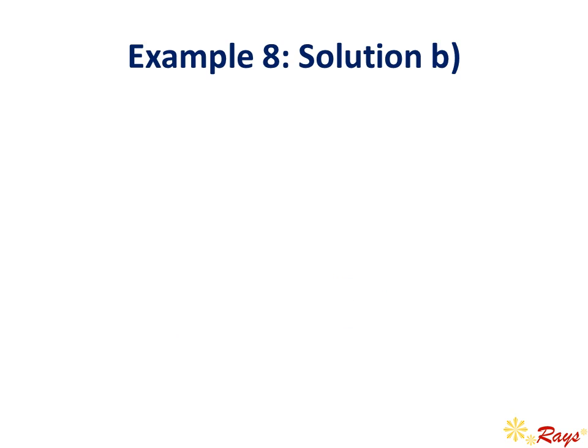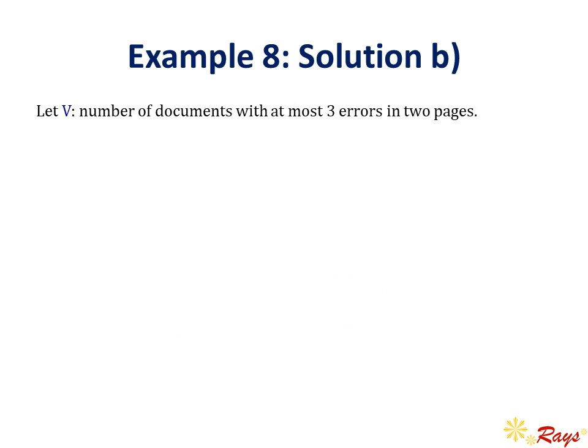So solution for question B, example 8. Let V be the number of documents with at most 3 errors in 2 pages. So we are not talking about the number of typing errors in pages anymore. We are talking about the number of documents, and we have seen from the question that there are 7 documents altogether, which is 7 number of trials.